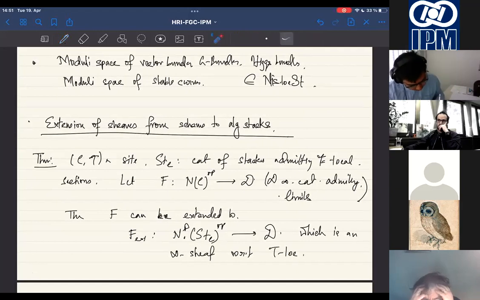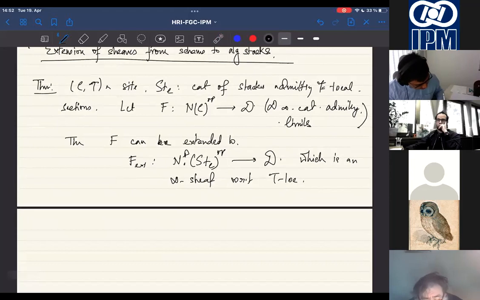Here, this is a nerve of a category, which gives you an infinity category from a category. I'm using some symbolism to functorially associate a 2-1 category to an infinity category. This is what people call the Duskin nerve in the field of simplicial sets. But just forget this and consider that objects are just stacks, and you map them.